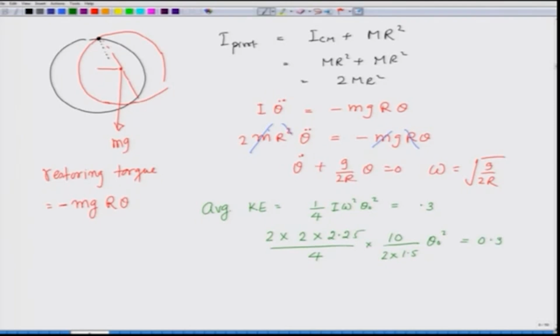So, this gives me theta 0. Let us cancel a few terms. 1.5 goes with this and gives me 1.5, 2 goes with this 4, this 2 goes with this 5. So, I get theta 0 square is equal to 0.3 over 5 times 1.5. This 0.3 gives me 5 again. So, 1 over 5, or theta 0 is equal to 1 over 5 radians, which is 0.2 radians, and that is the answer.